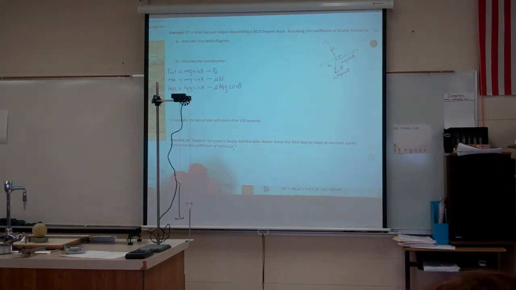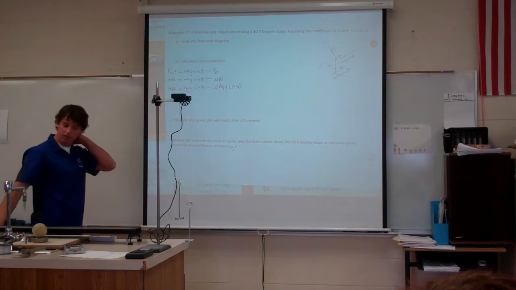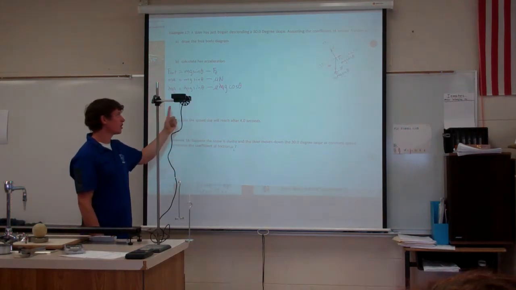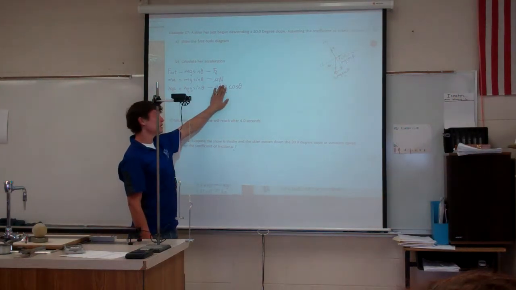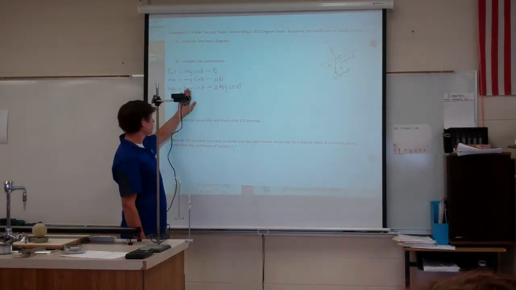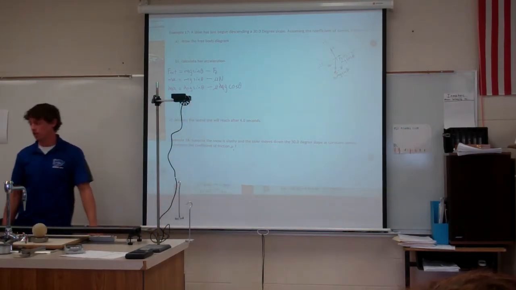Remember, it's not because I have an m on either side. It's because I have an m in every term that I can do that. If I didn't have an m in one of these terms, I couldn't cancel them. You've got to have an m in everything.